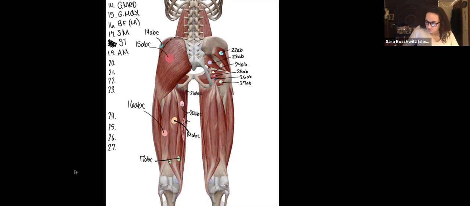All right, number 21. That little one is going to be facing more medially. I just figured I'd squeeze it in there so I didn't have to do another view, but hopefully you could see that. Number 21 is going to be the gracilis.